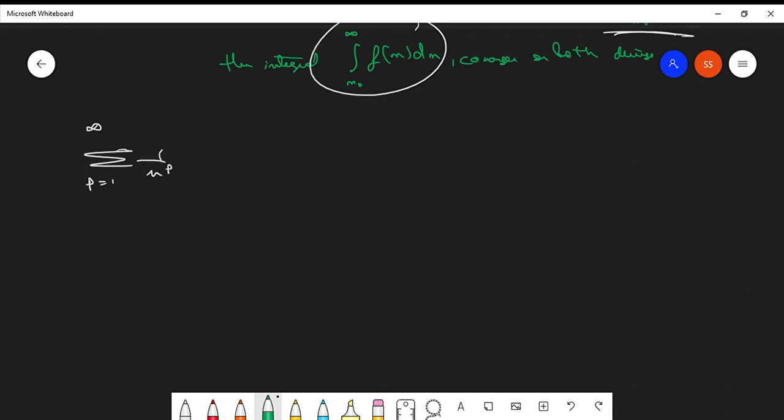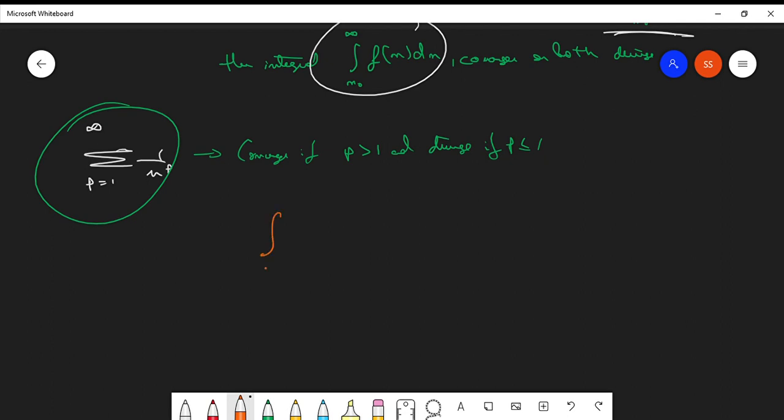These series converge if p is greater than 1 and diverge if p is less than or equal to 1. Do remember this, it is a very important concept. The reciprocal p series is also called the normal p series itself. They converge if p is greater than 1 and diverge if p is less than or equal to 1. Clear?